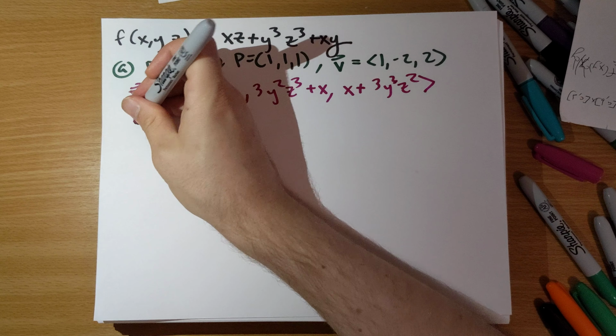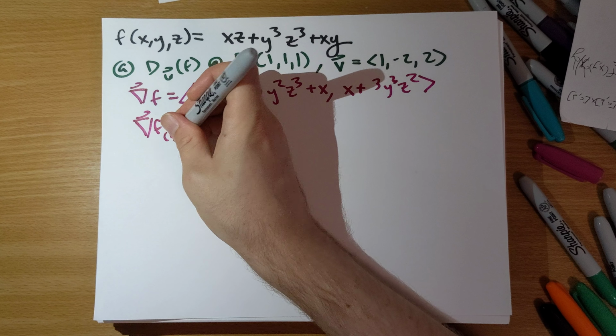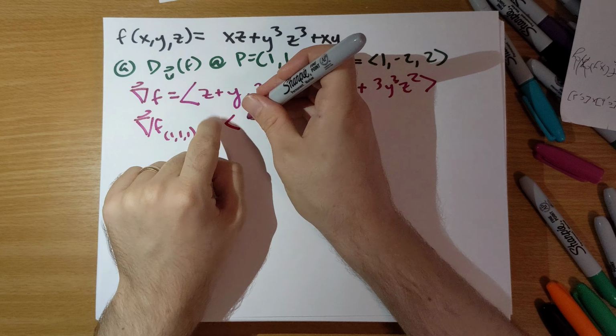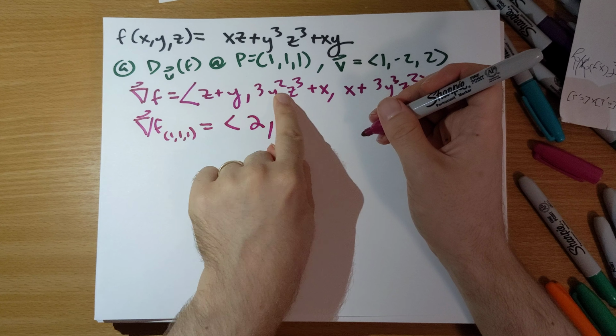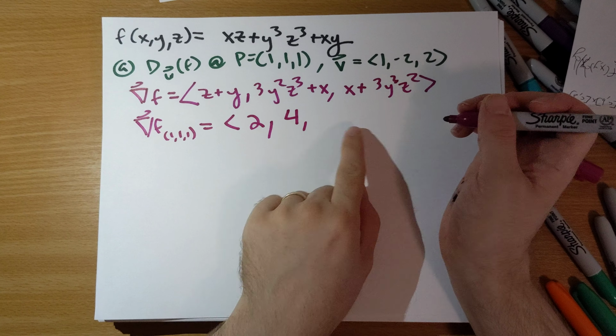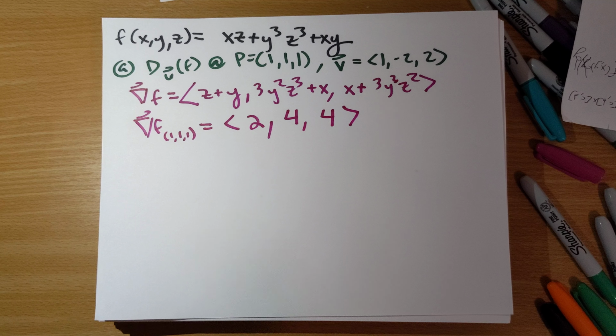But we don't just need the gradient of f, we need the gradient of f at the point P, (1, 1, 1). Plugging in (1, 1, 1) will give us 1 plus 1 is 2, 3 times 1 plus 1 is 4, 1 plus 3 times 1 is 4. So there is our gradient.